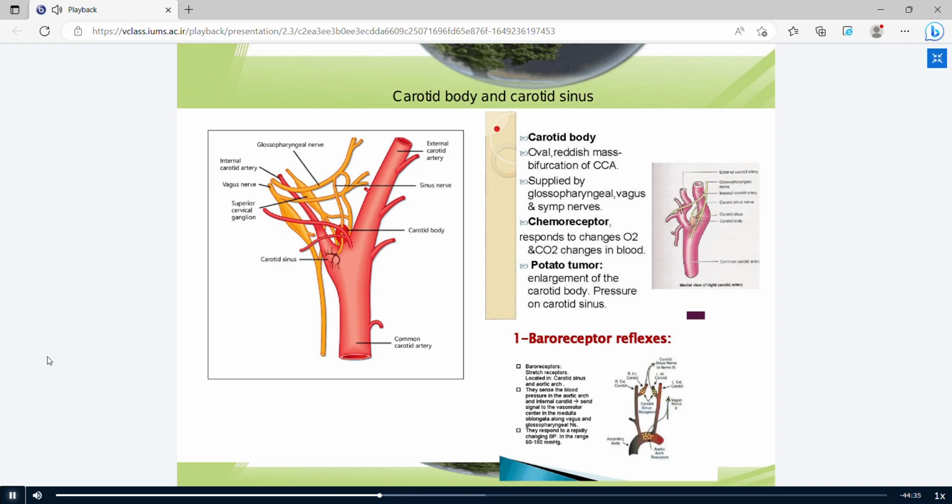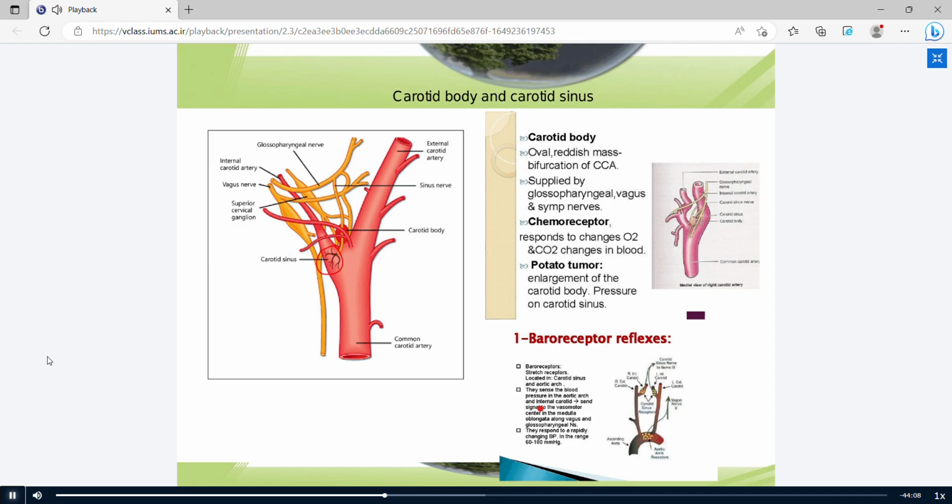But the carotid sinus is an enlargement near the initial part of the internal carotid artery. It's here. This is the location of the sinus, and the carotid sinus is a receptor that responds to blood pressure.